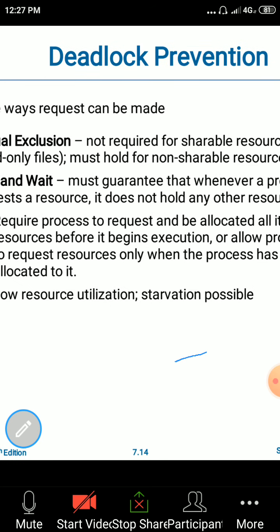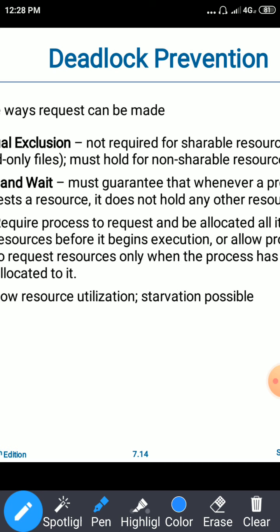Then once it completes its execution, only then does it release the resources. And the second one is that the requesting process can be allocated resources only when it has none. Means the process can request resources only if it isn't holding any resources, then only will the resources be allocated.